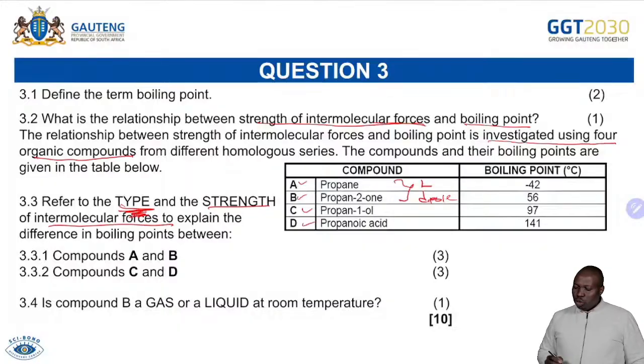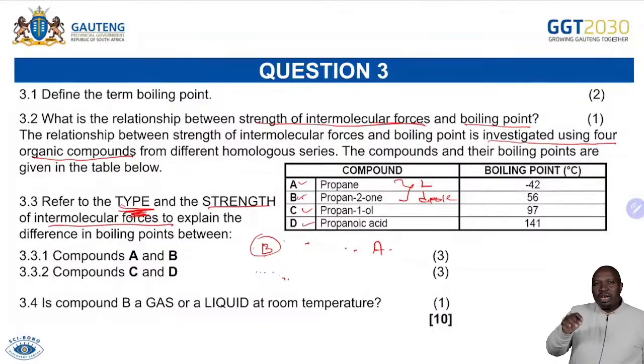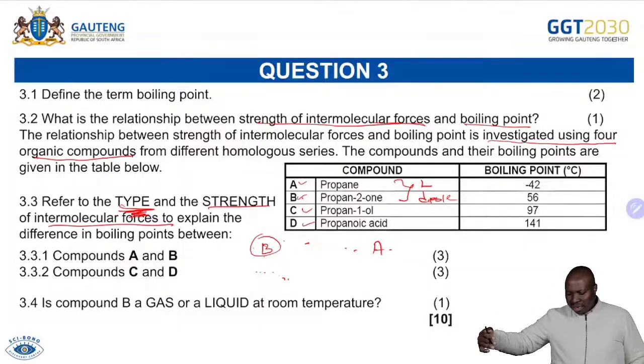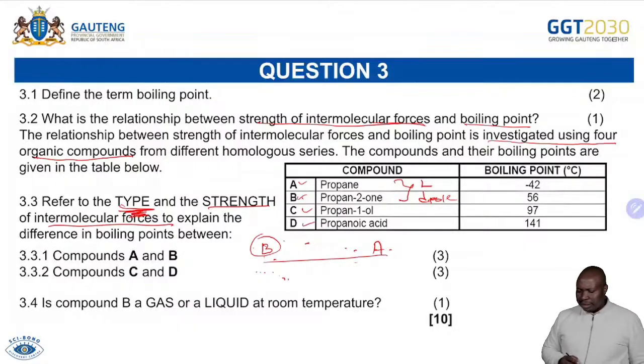The second thing, you talk to the strength of intermolecular force. Definitely B has stronger intermolecular forces than A. And for the one that has strong intermolecular forces, we are saying more energy will be required to overcome the intermolecular forces in B than in A. So you are able to answer in that way and you will get your 3 marks.